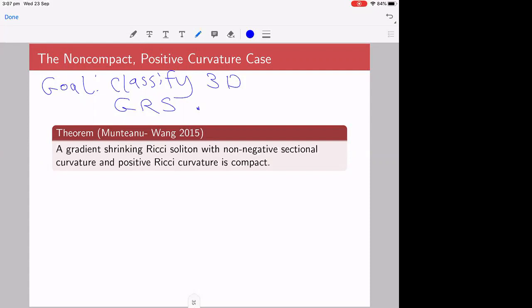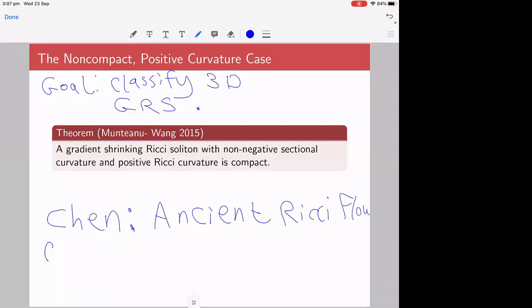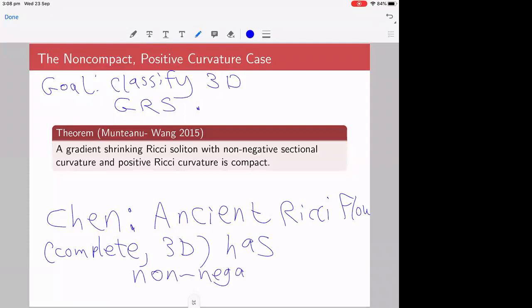The reason this is so important to classifying three-dimensional Ricci shrinkers is, you may recall that result that I stated early last lecture, that if you've got a three-dimensional ancient Ricci flow that's complete, then it actually has to have non-negative sectional curvature.